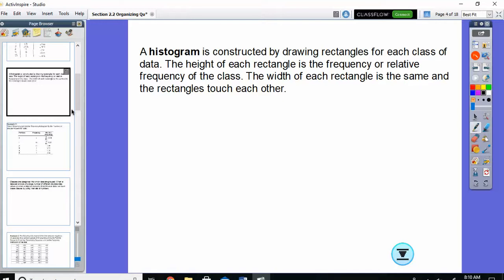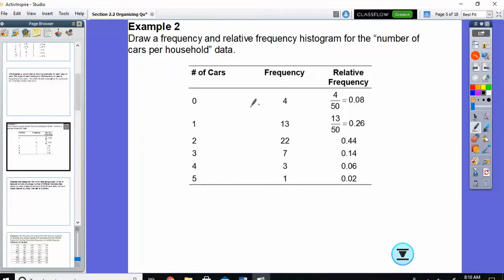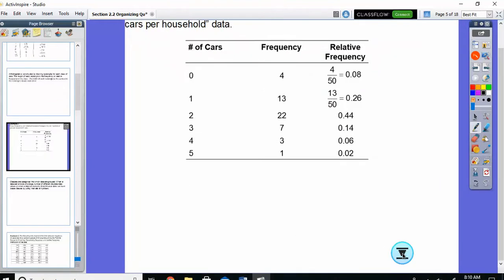The difference between plotting the frequencies and the relative frequencies: the label on the y-axis. Either it's going to be something like 1, 2, 3, 4, or it's going to be 0.1, 0.2, 0.3, 0.4. So that is the only difference there. Which one do you want me to draw? Frequency. Okay.